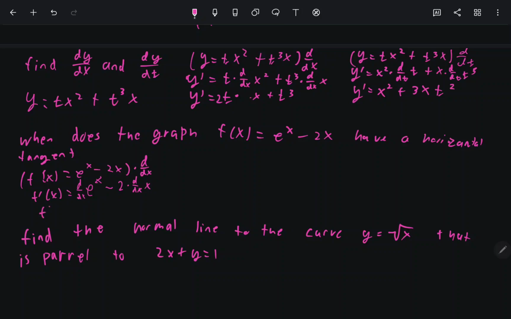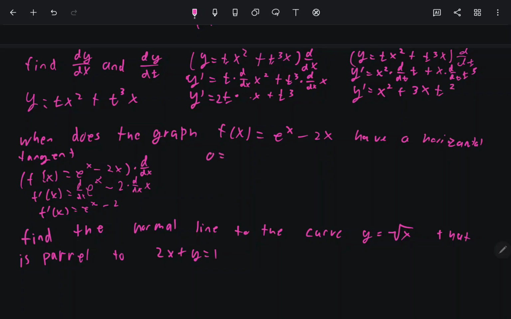Well, if that's the case, then f prime of x is equal to e to the x minus 2, as the derivative of x is just 1, and the derivative of e to the x is e to the x.